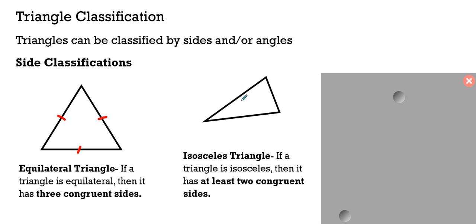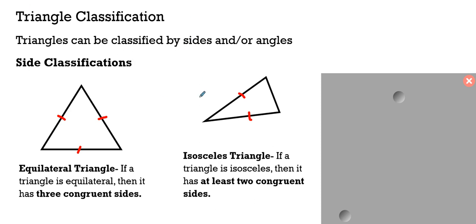A lot of us come in knowing or thinking this is the definition, what you have here on the screen. And it is an isosceles triangle if you have two congruent sides, but if you have at least two congruent sides, it's isosceles. So technically every equilateral triangle is also isosceles. But more often than not, when we're talking about isosceles, it is the version that has two congruent sides.